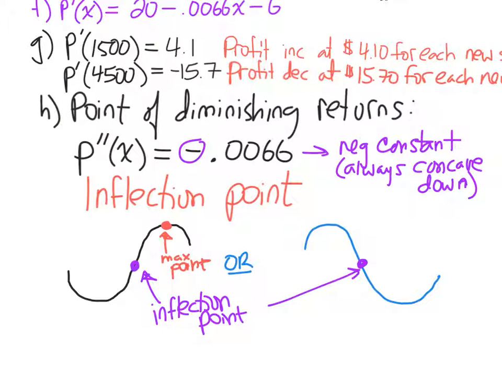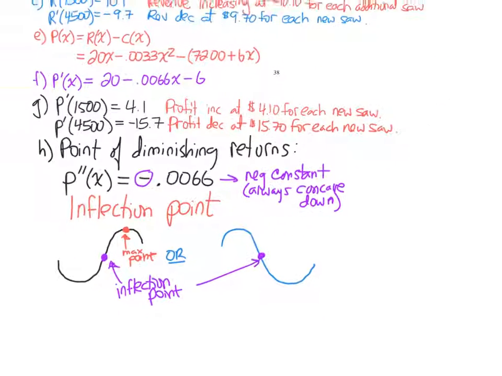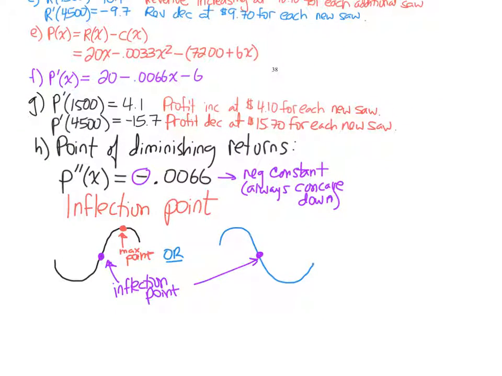But the idea is to look for the second derivative. If there's a variable, you're going to set it equal to 0 and solve for whatever the variable is. All right. So just make a note here. Take the second derivative.